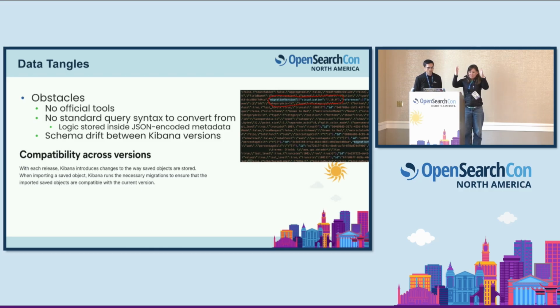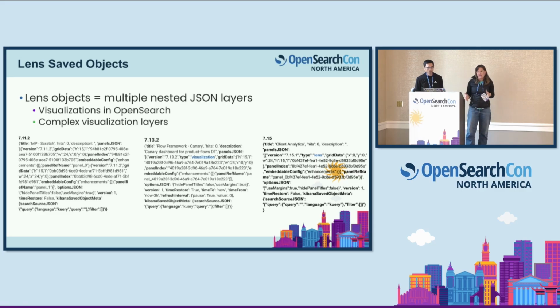And as I saw, it looks like there's standard query syntax, but in the next slide, I'll show you there's actually not. The logic in store switches on you all the time. And there's a ton of drift between the Kibana versions of these visualizations and Lens and dashboards, and there's no backwards compatibility, so we were really struggling to figure out how we were going to organize everything.